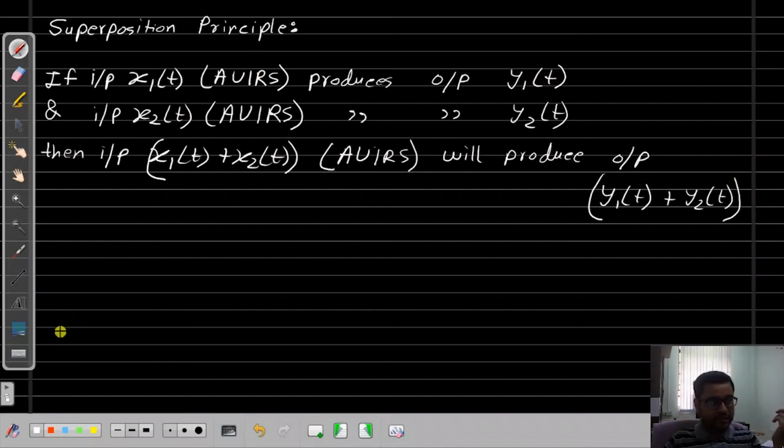Here by this I mean applied under initially relaxed state.